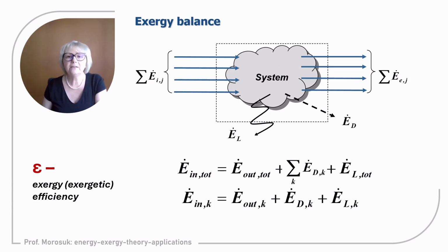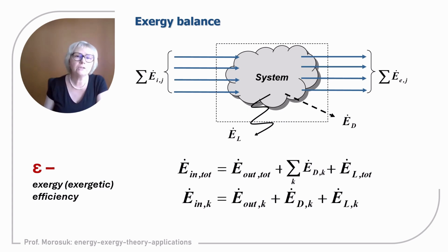And let us redraw the schematic of an energy conversion system for the exergy analysis, as multiple exergy streams are coming to the system and multiple exergy streams are going out from the system. Some of these streams, of course, are exergy streams associated with heat interactions of the system with surroundings, some with work interaction, and also there can be material streams coming and going out from the system.